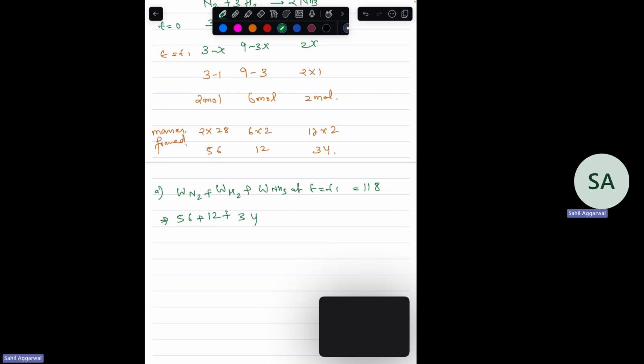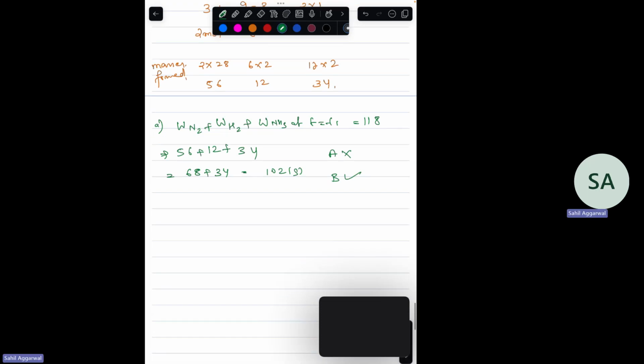This is 68 plus 34. नहीं, this is 102 grams. ए ऑप्शन रॉन्ग हो गया, बी ऑप्शन राइट हो गया, क्योंकि टाइम तो मैटर ही नहीं कर रहा है, मास फिक्स हो चुका है.